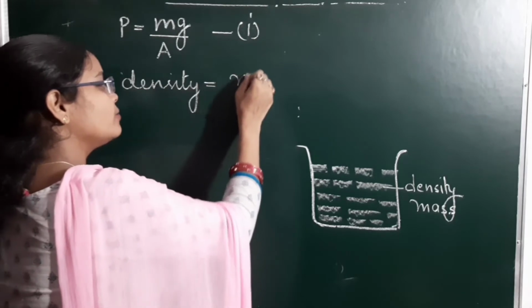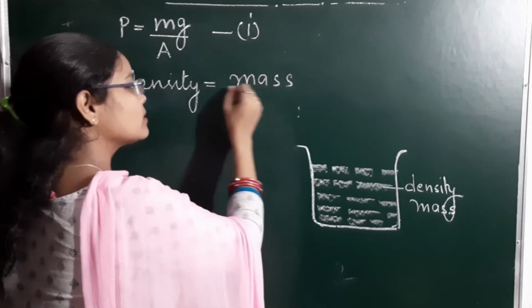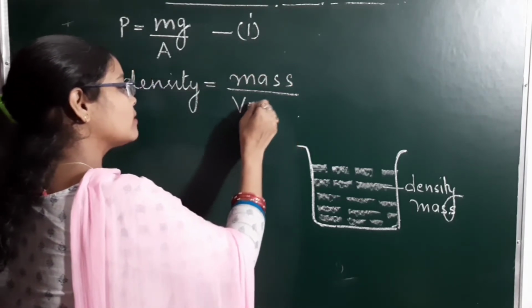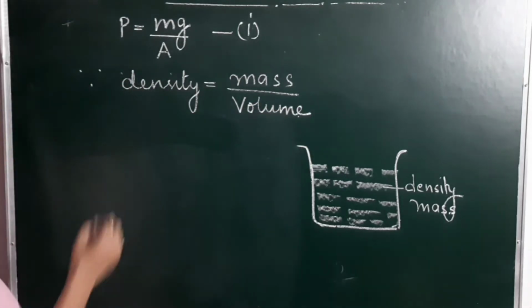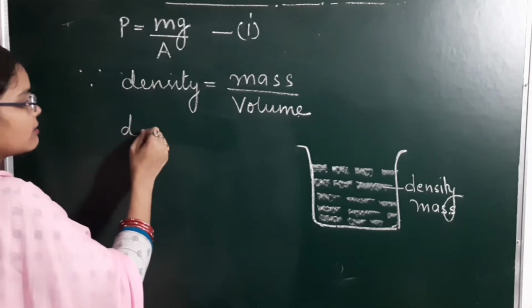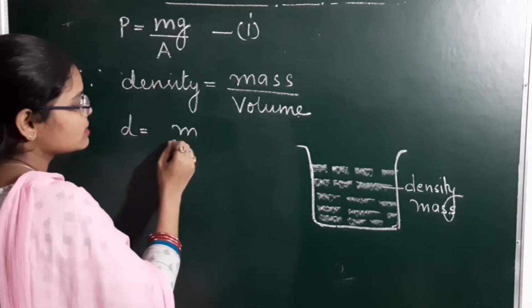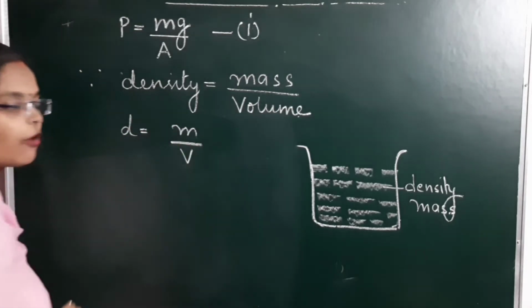You know that density is equal to mass upon volume. D is density, M is mass and V is volume.